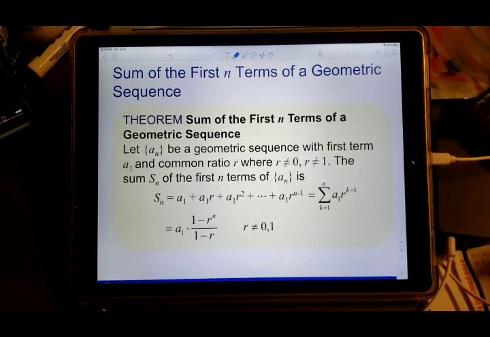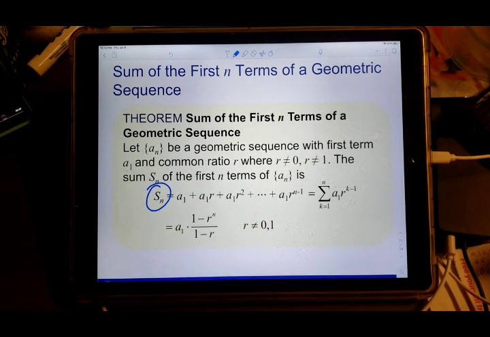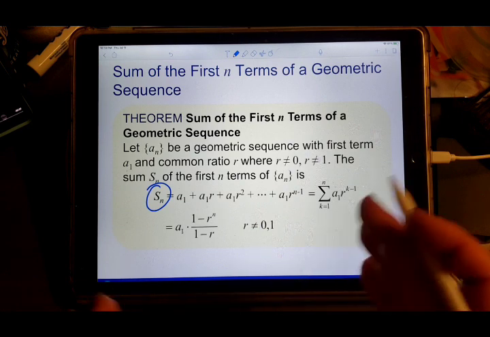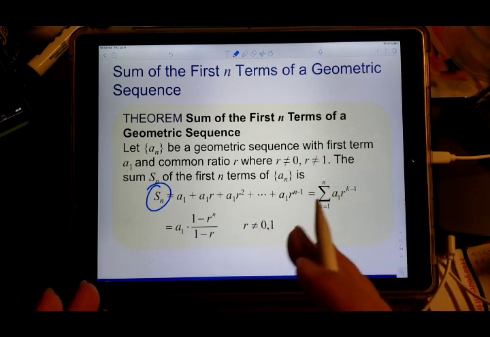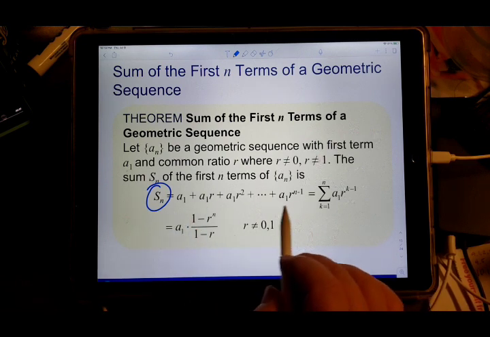All right, we're at that point where we want to find S sub n, and S sub n is the sum of the first n terms, just like it was with arithmetic sequences. Now there's a different formula though.